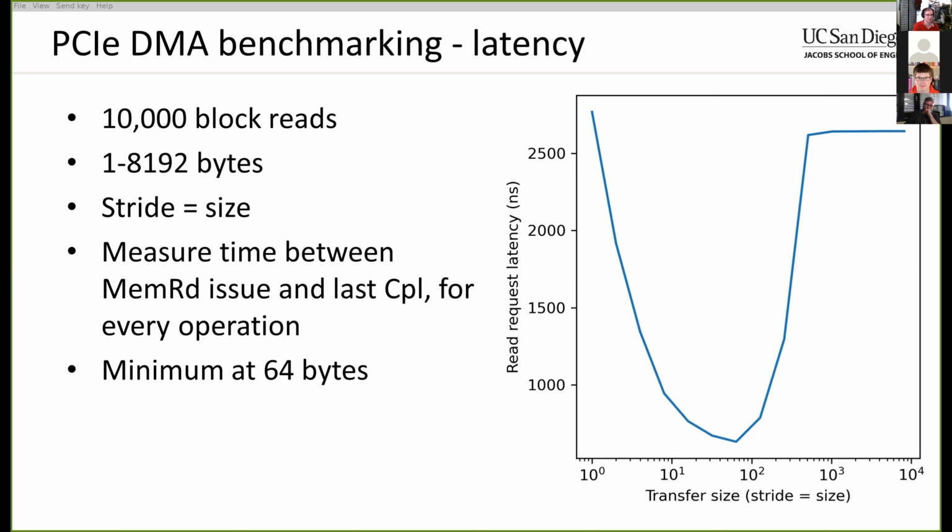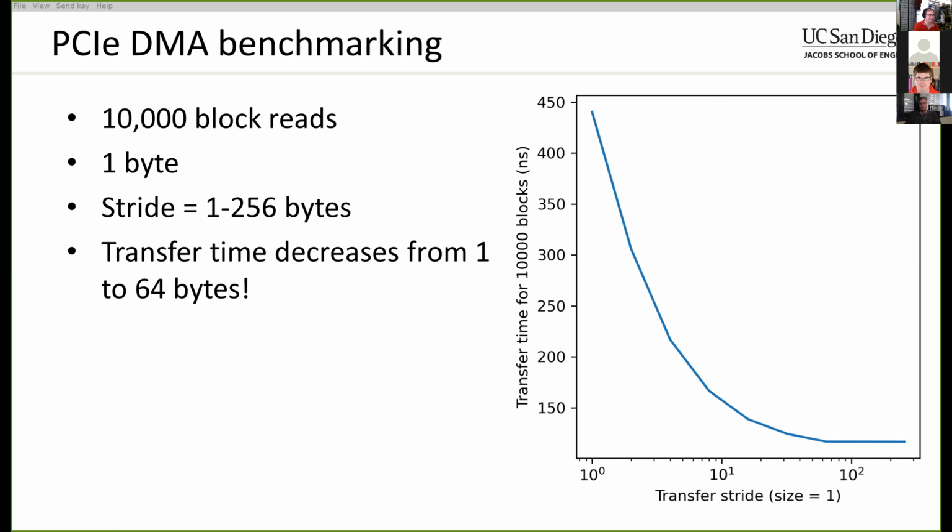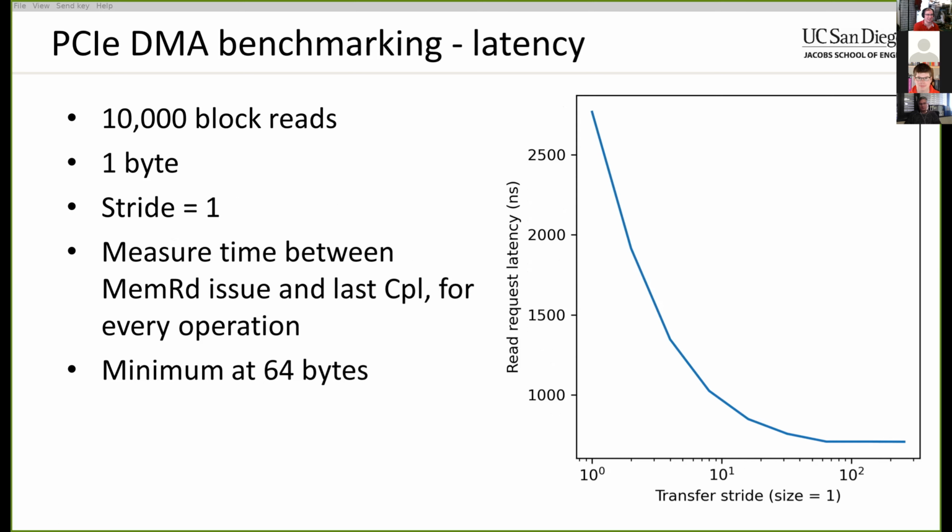And then we can also run the same latency benchmark for the single byte operation case, and we see literally the exact same plot as when we measure the time. Look at this. We're just changing the scale.